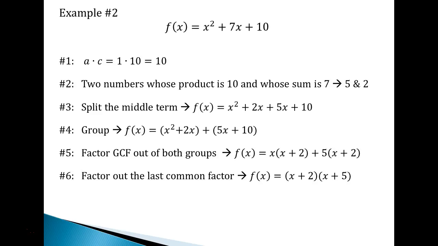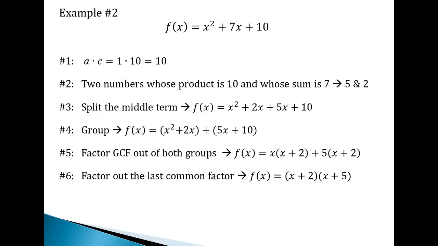Last, I will factor out the common factor of x plus 2. You will note that x is multiplied by x plus 2, so x plus 2 is a factor in the first group. And 5 is also multiplied by x plus 2, so x plus 2 is a factor in the second group. If it's a factor in each group or for each term, I can factor it out.